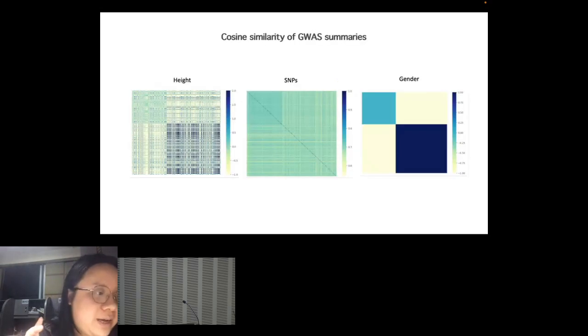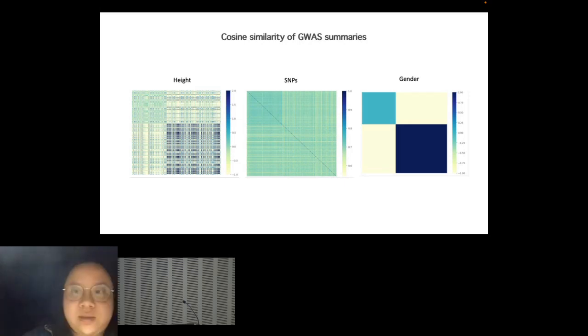Let's look at the heat map, which is the cosine similarity of GWAS summary data from one data point to another. The left one is computed from individual height, the middle one is computed from original SNPs, and the right one is computed from gender. The female individual will be noted as 0, as you can see here, and the male individual will be noted as 1.